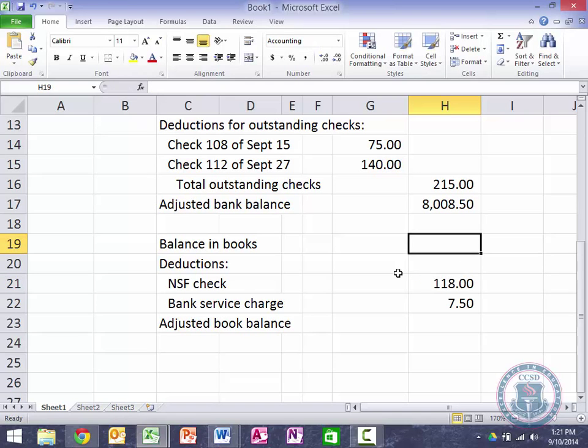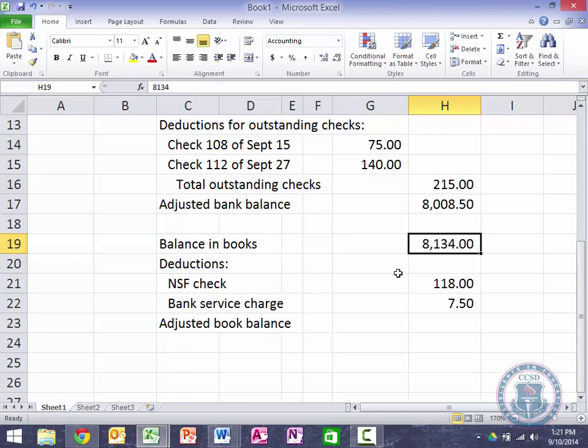So we're going to state our beginning balance in the books. What is our beginning book balance as it relates to what they're looking for here? It'll tell us in the problem. 8,134. Yes, it's at the end. It says the balance of the cash account and the checkbook on September 30th was $8,134.